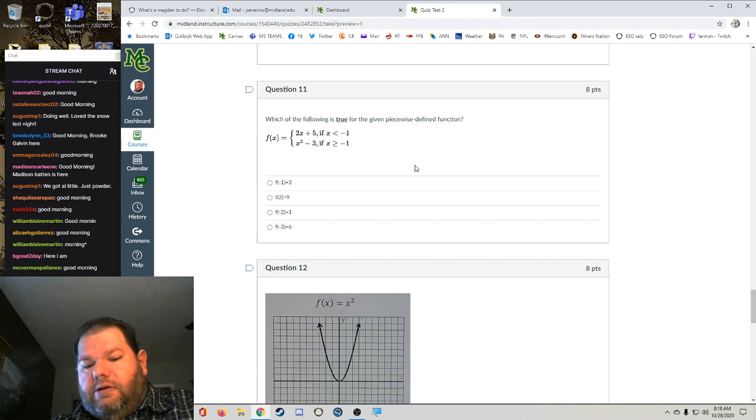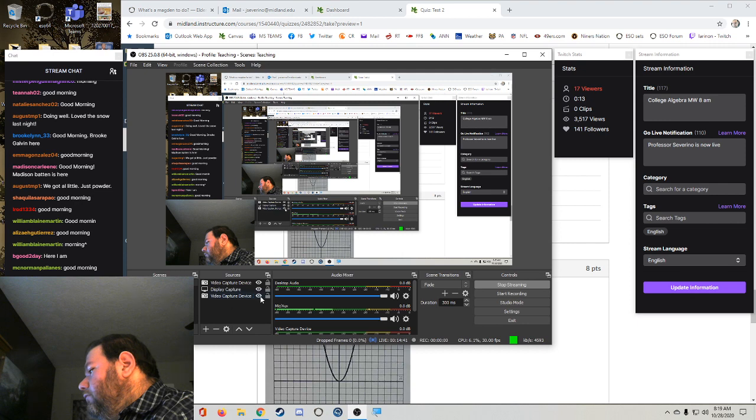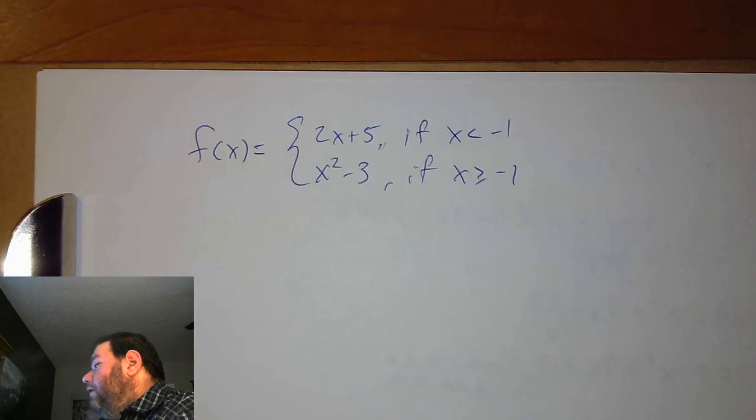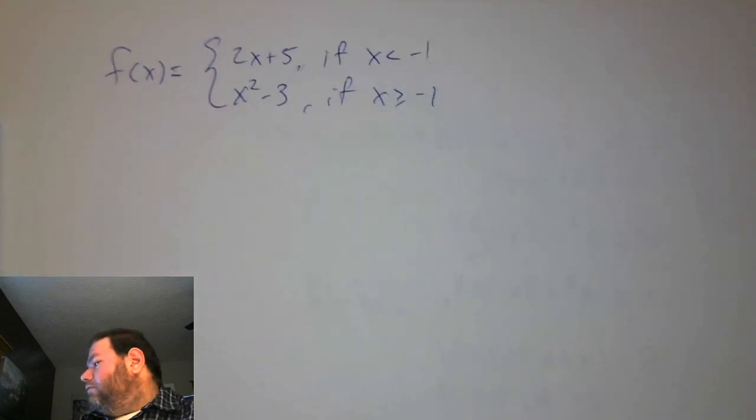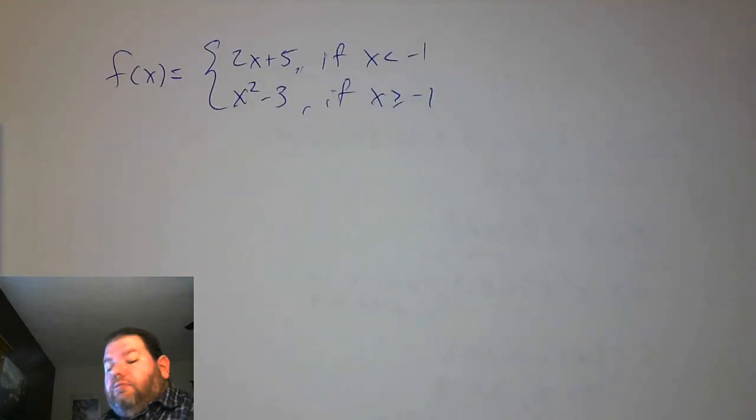So we have f of x is 2x plus 5 if x is less than negative 1, and x squared minus 3 if x is greater than or equal to negative 1. That was 11.